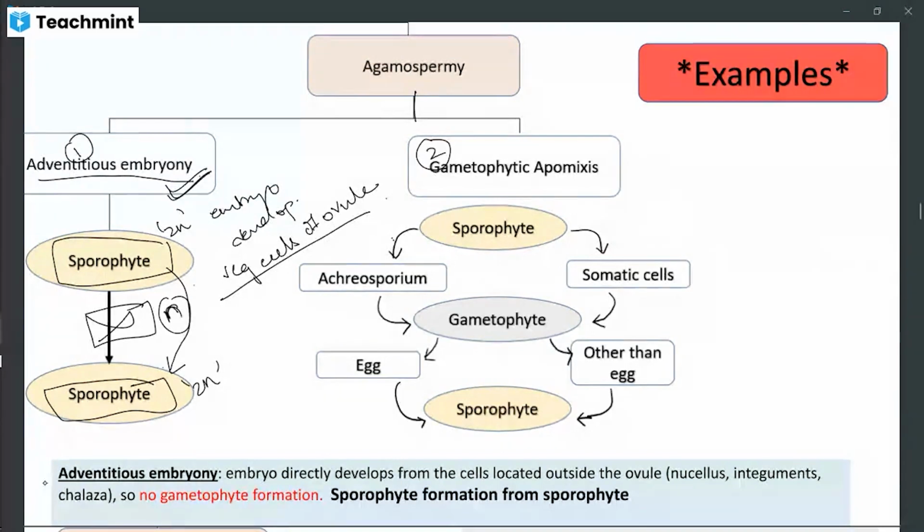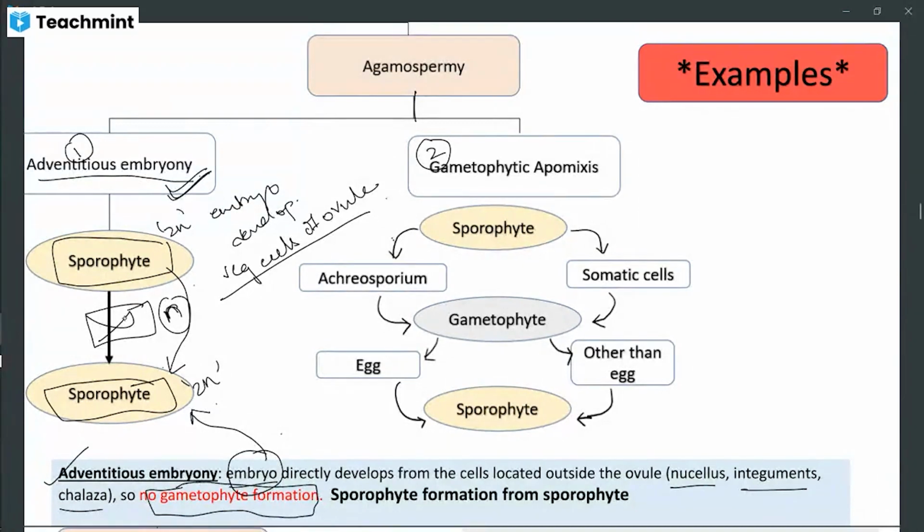So adventitious embryony is defined as an embryo that directly develops and forms into a plant. And from where does this embryo develop? It might be from the nucellus, the integuments, or the chalaza. Then this embryo directly develops into the sporophyte with no gametophyte formation.